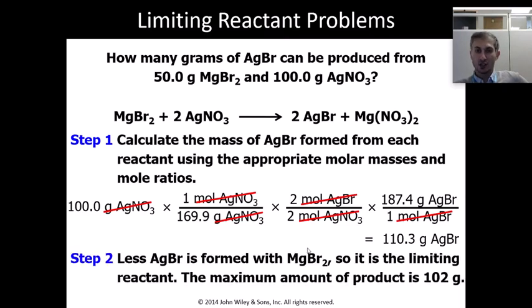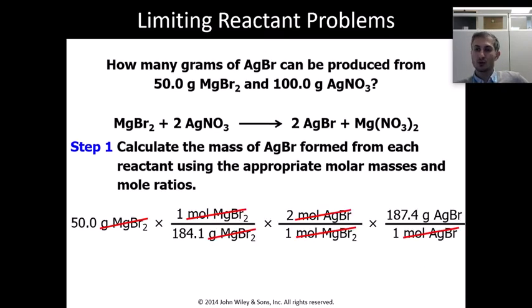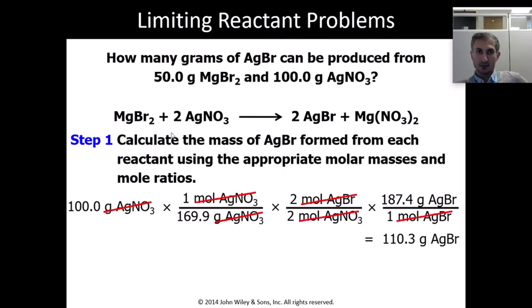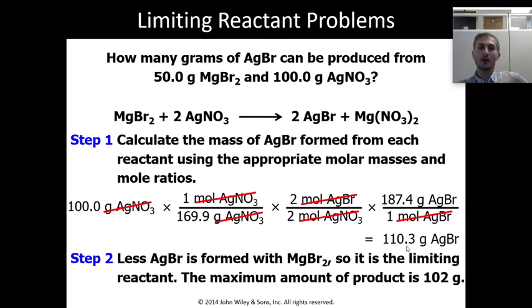Always the smaller number, the lesser amount of product, gives us the limiting reactant. 110 or 102? 102 is the correct answer. The limiting reactant belongs to this compound because it makes the smaller amount of product, 102. This other reactant makes the larger amount of product. So the smaller number is the limiting reactant and the larger number gives us the excess reactant.